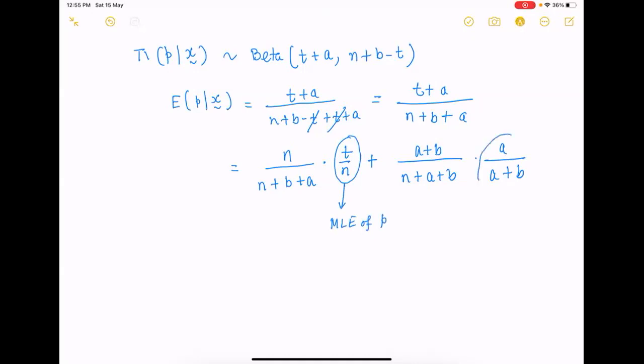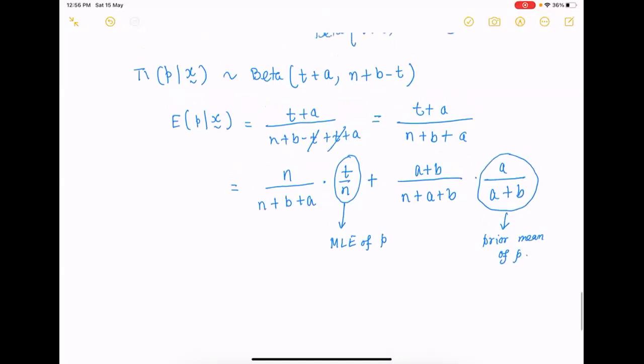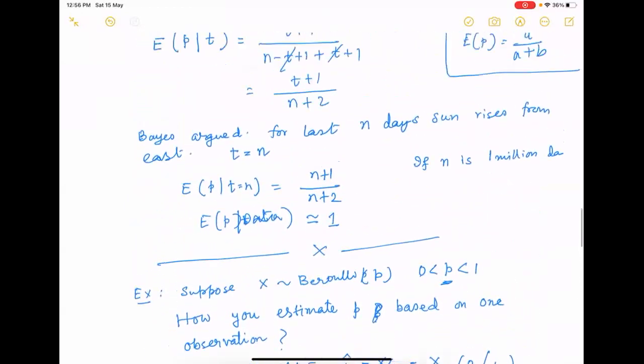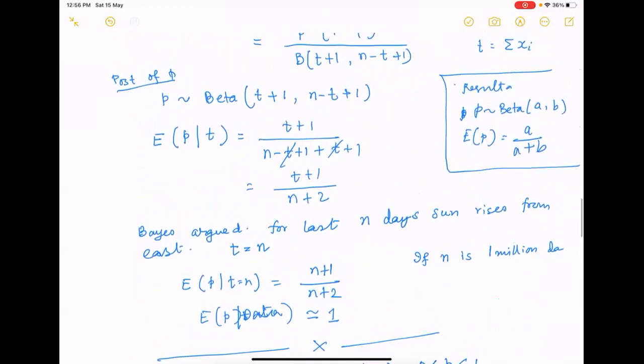And who is this guy? This is the prior mean of P. Remember that if I assume P follows a beta distribution as my prior, the prior mean is the expected value of P, which is A / (A + B).